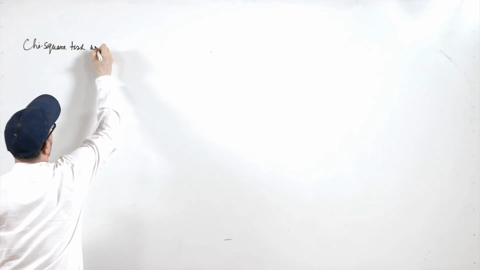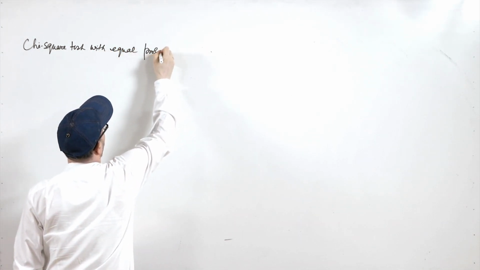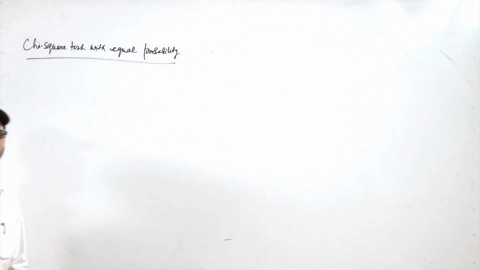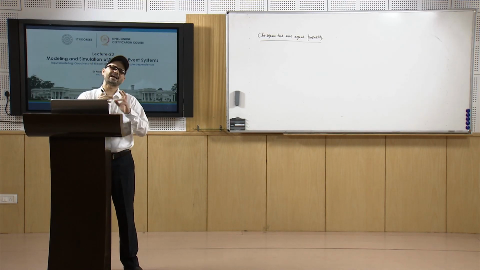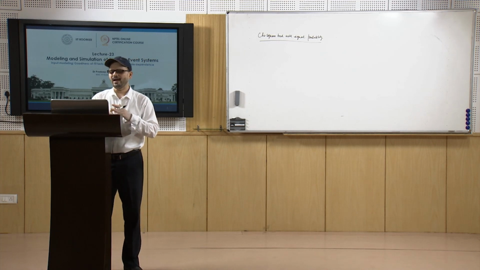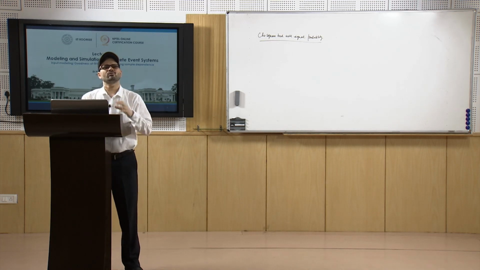So, we will see the chi-square test. In such cases of the test with equal probability, as we have seen, the expected frequency EI is normally equal to n into PI, and if we take the maximum number of class intervals, it should be more than or equal to 5.